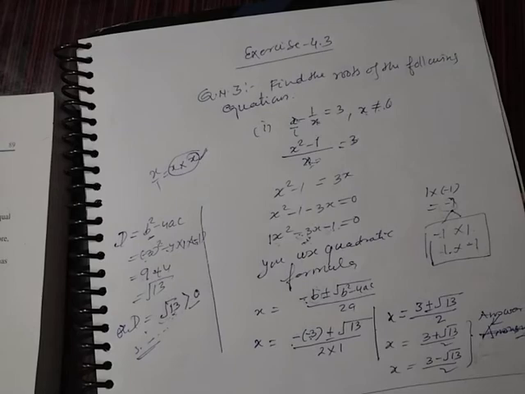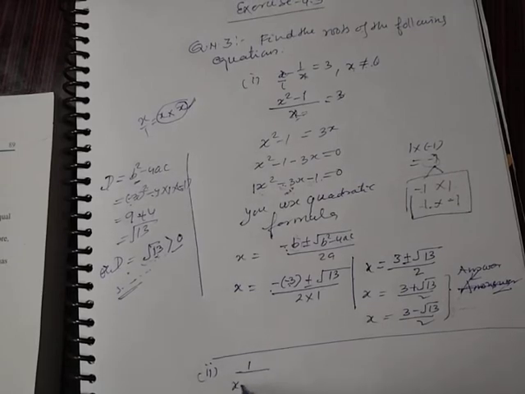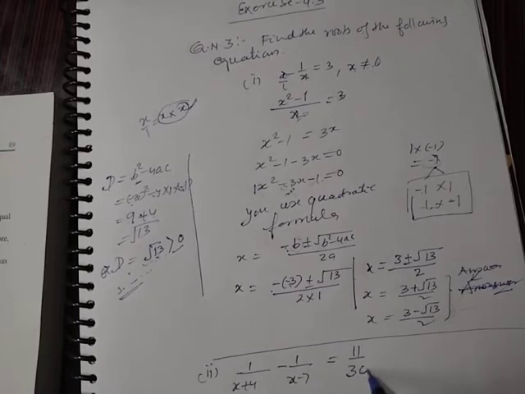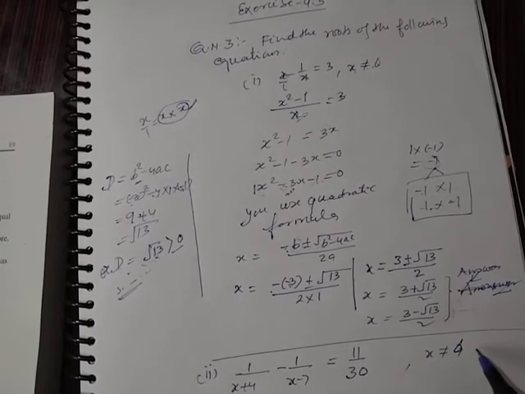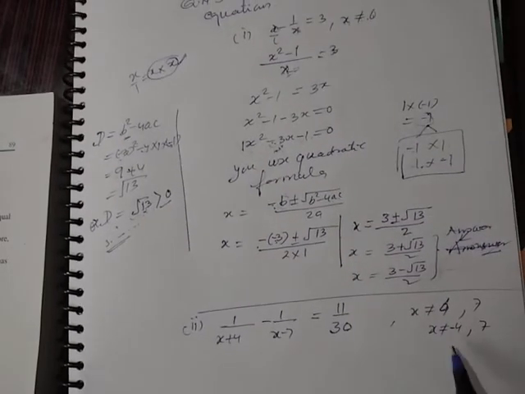Now see the next part. 1 upon x plus 4 minus 1 upon x minus 7 is equal to 11 by 30, where x is not equal to minus 4 and 7.